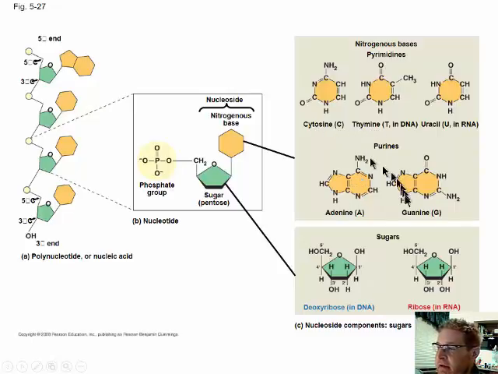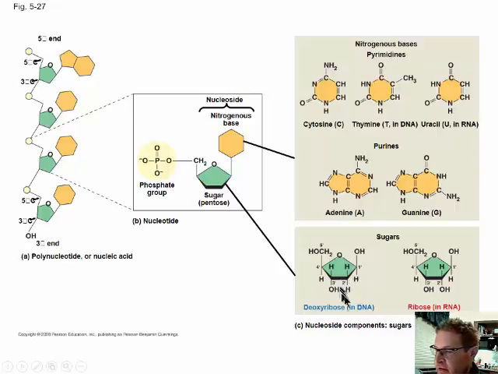And if you were in RNA, you would have cytosine, uracil, adenine, and guanine. There are rules so that A always pairs with T and C always pairs with G. So when you're looking at a double-stranded DNA, you're always going to have these in pairs.